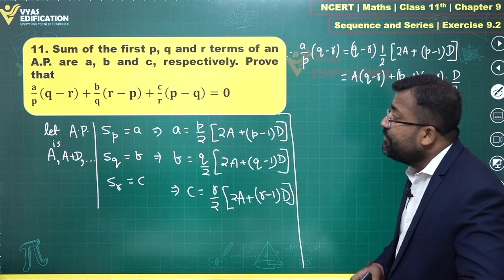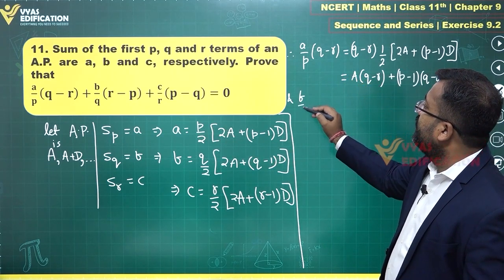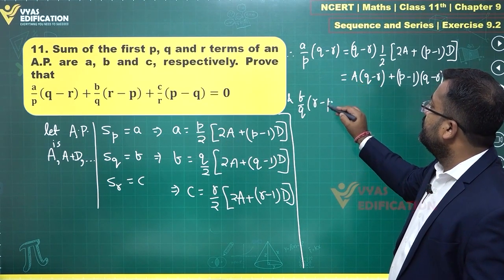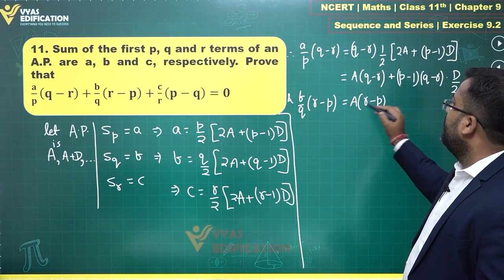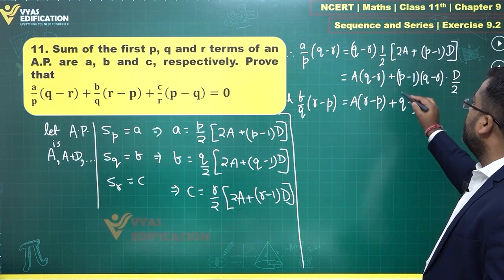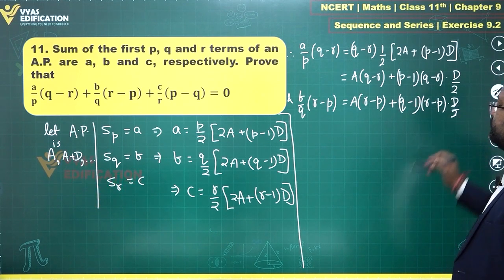Now, the next expression, b by Q times R minus P, similarly will be A times R minus P plus Q minus 1 times R minus P times D by 2.